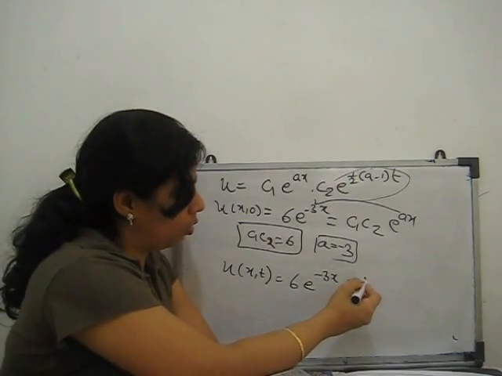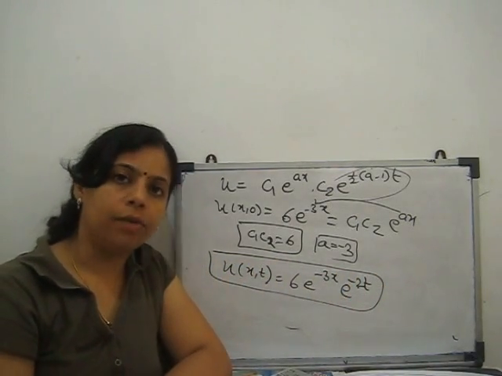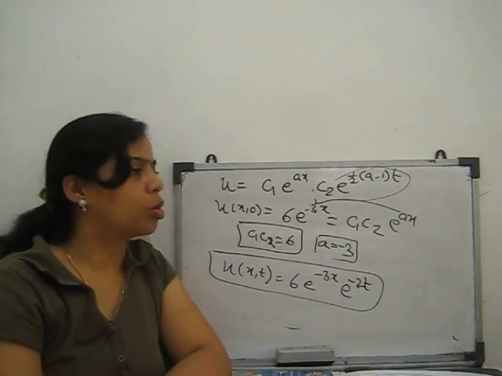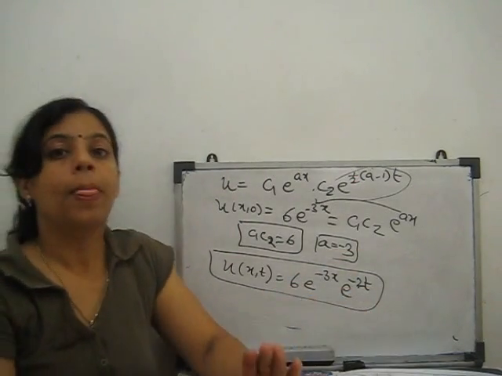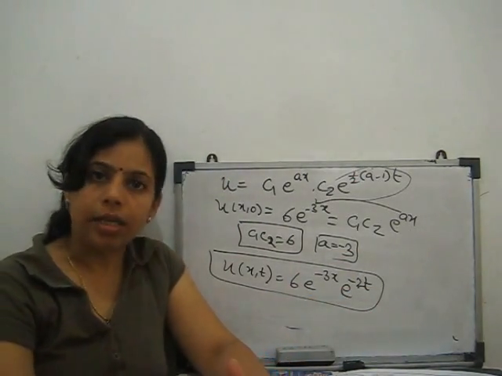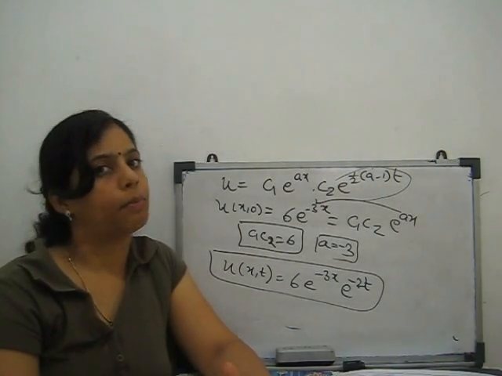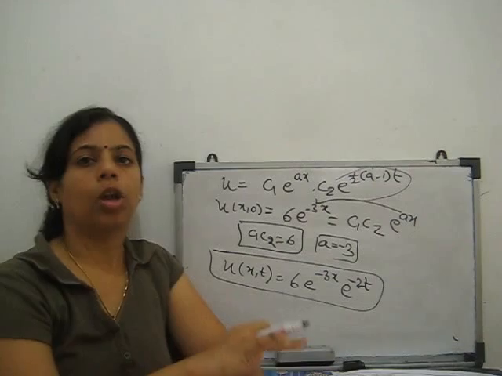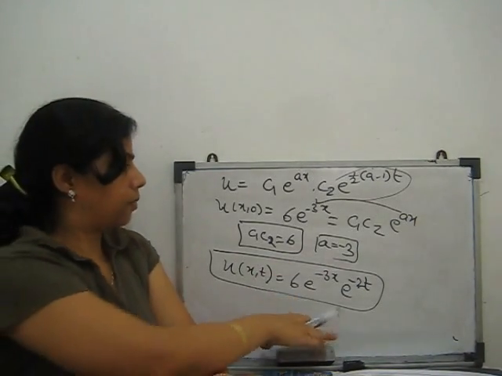This is our complete solution of the given equation. Now we know how to solve with separation of variables, because we solved one dimension heat equation. One dimension heat equation we can solve with the help of separation of variables. So now we go for the solution of one dimension heat equation.